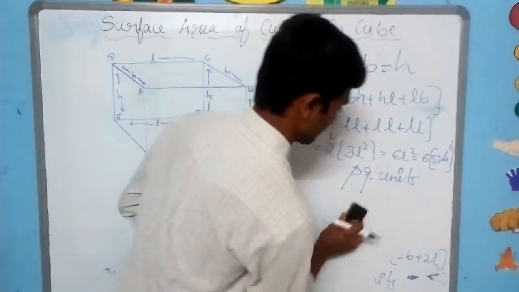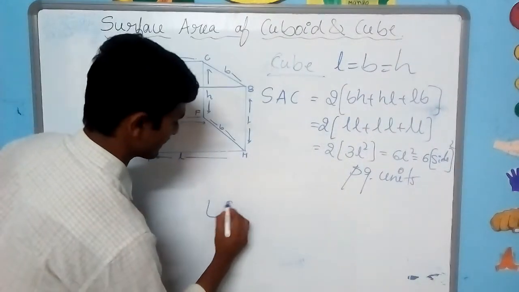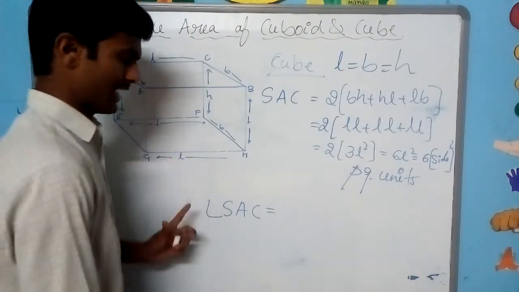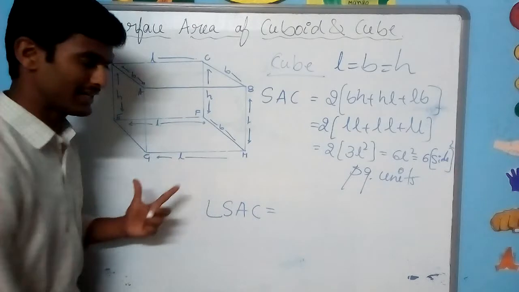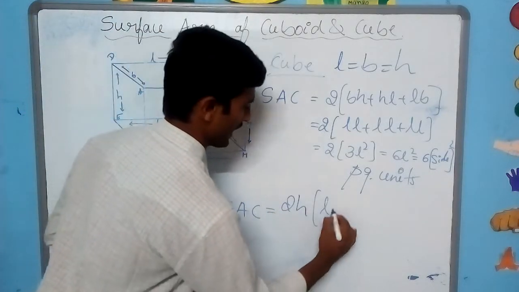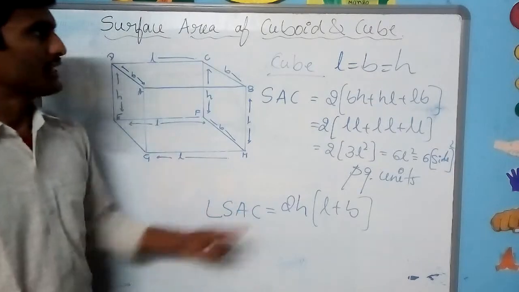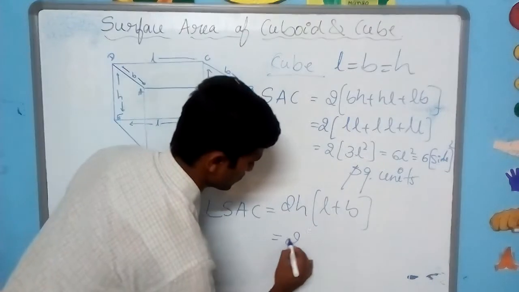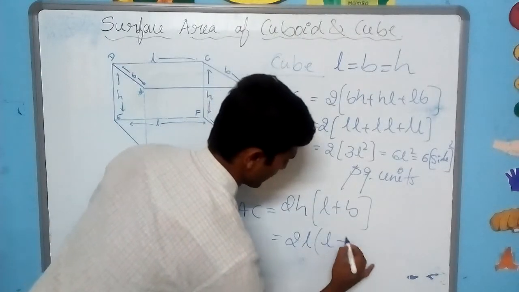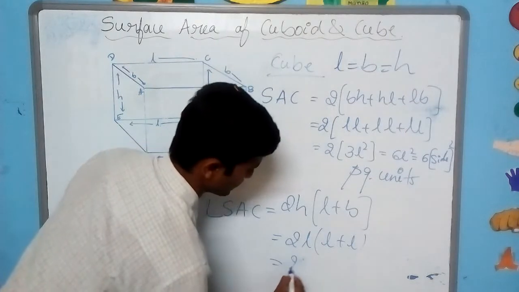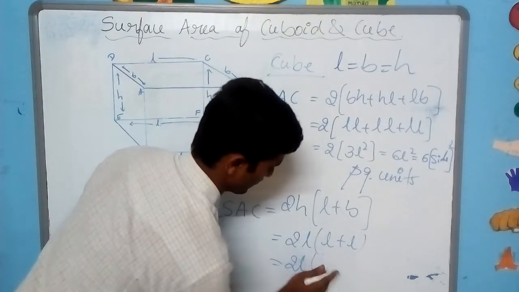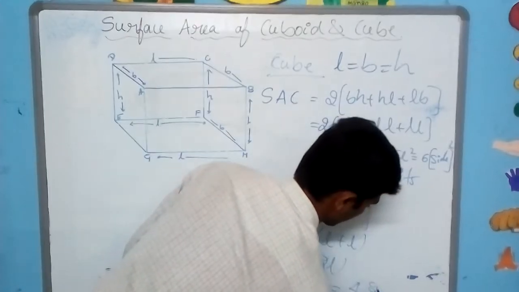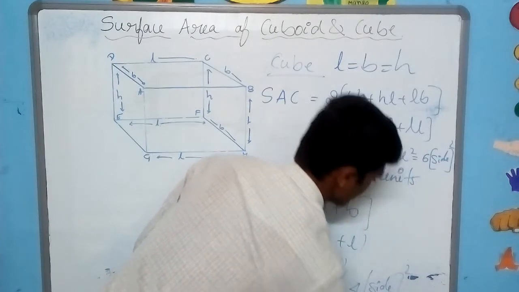Now at last, how to calculate the lateral surface area of the cube? We know that the lateral surface area of the cuboid is 2H into L plus B. In a cube, L equals B equals H. Substitute here: 2L into L plus L equals 2L into 2L, equal to 4L square, or 4 into the square of the side.